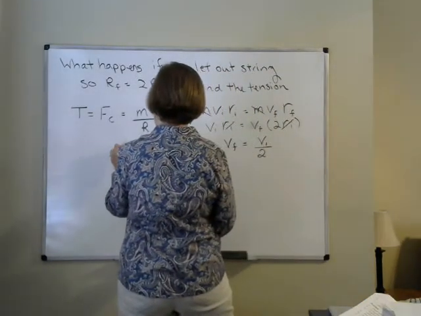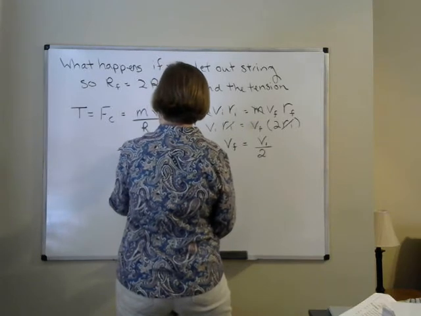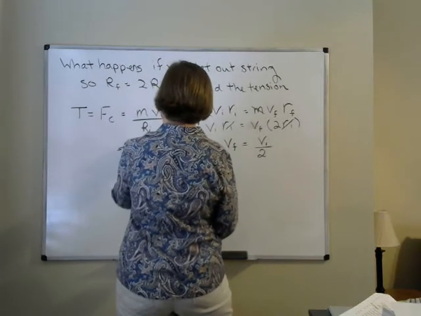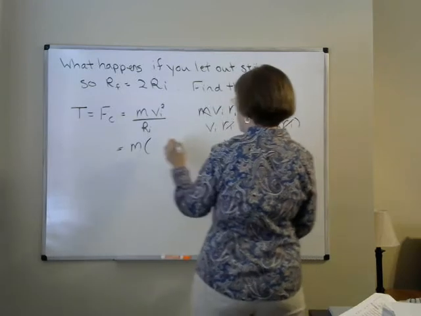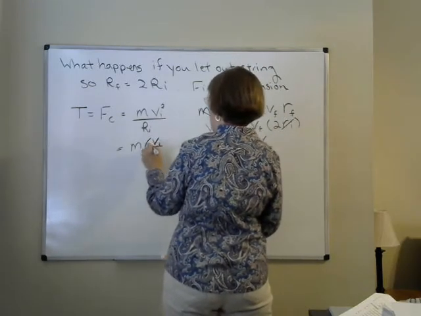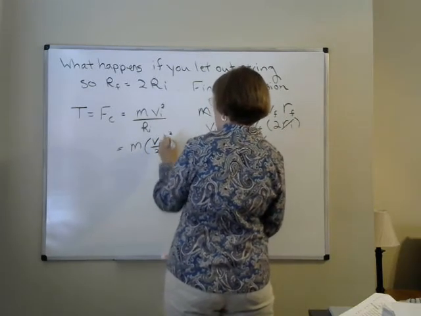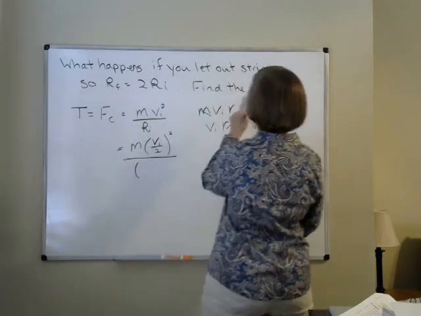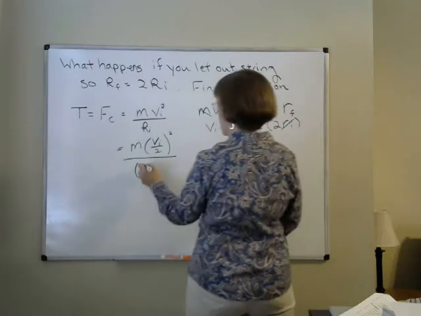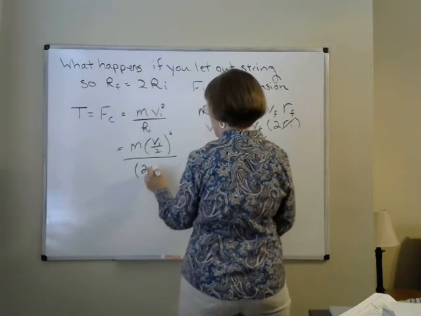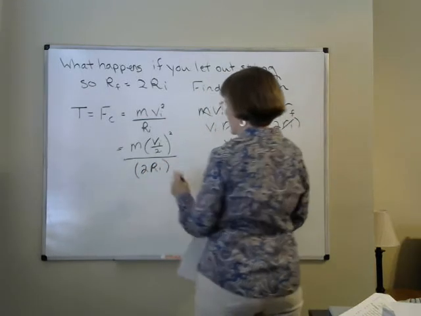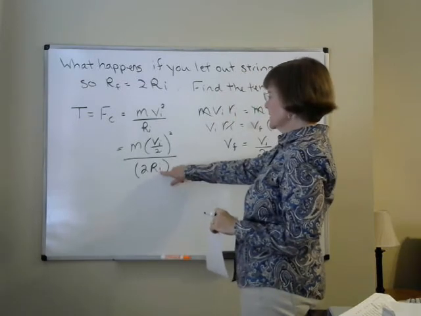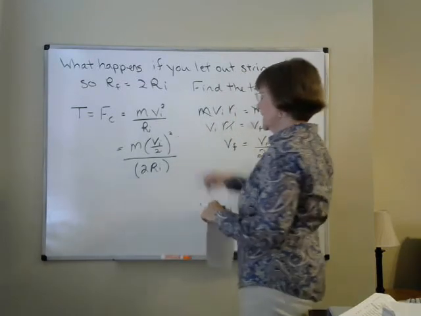The tension is v_i over 2, my final speed. And then, of course, this was also doubled. So I've doubled the radius. I've halved the speed.